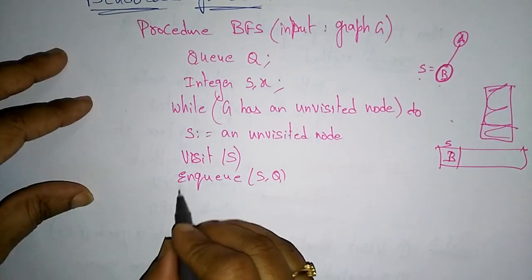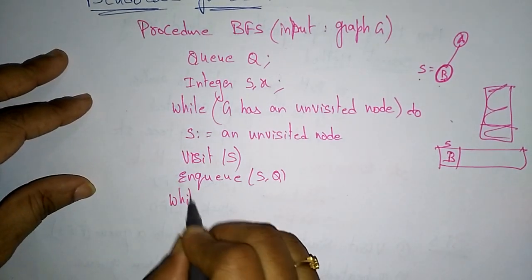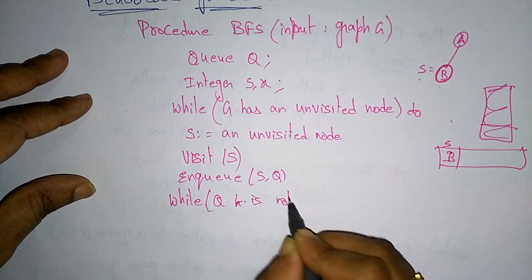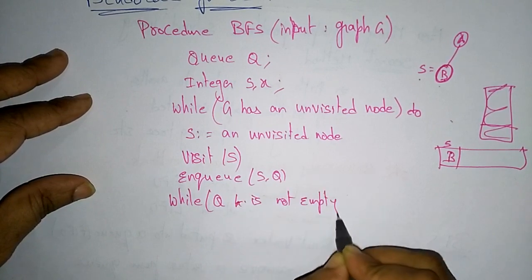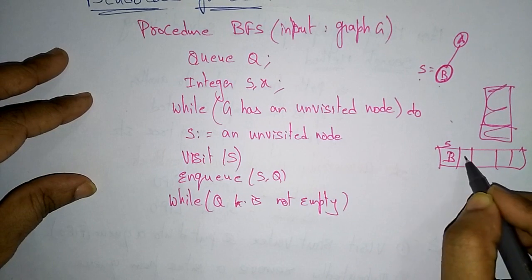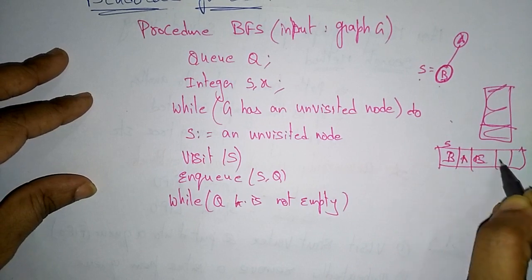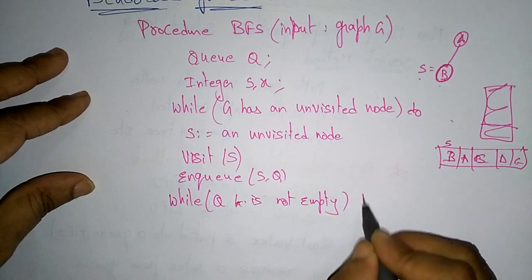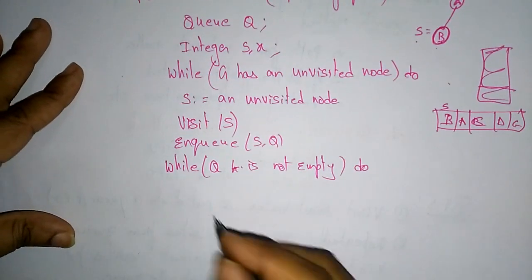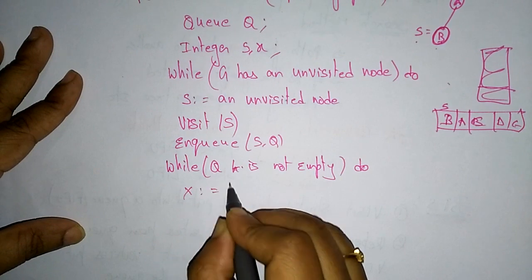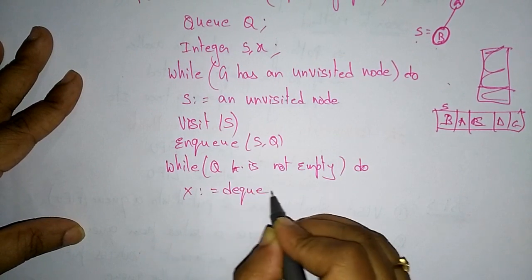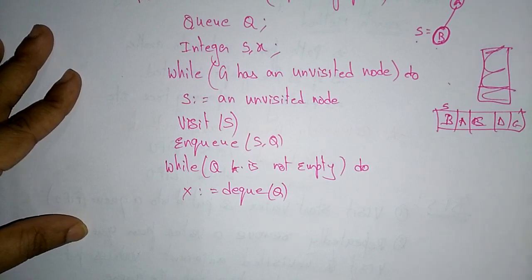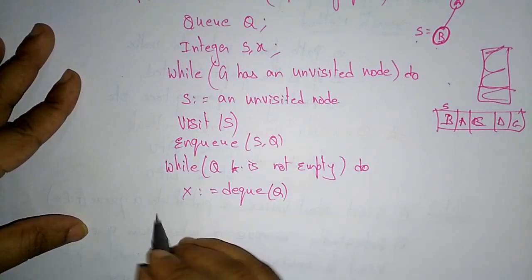After that, check while the queue is not empty. Suppose the queue is not empty and has some values A, B, C, D, E. Then I have to dequeue: x is equal to dequeue of Q, which removes the element from the queue, first in first out.